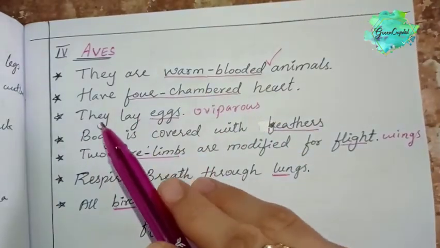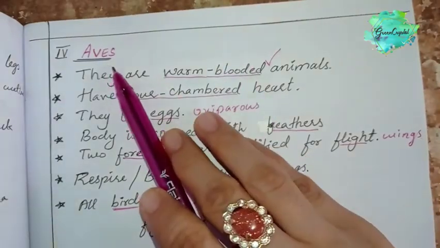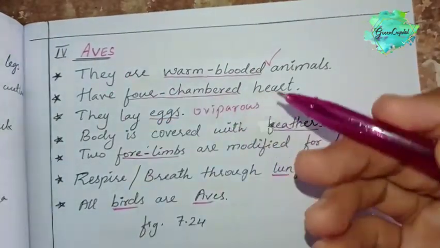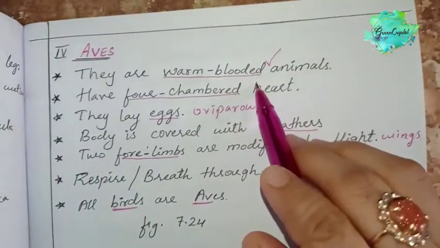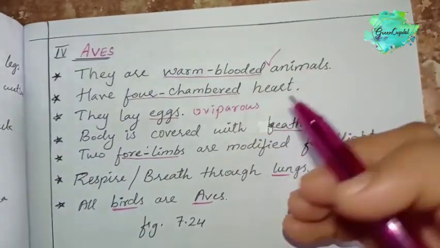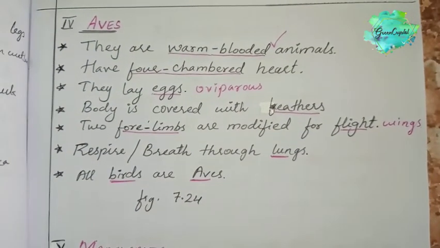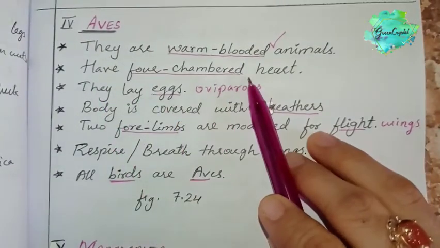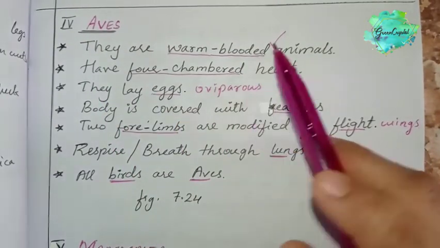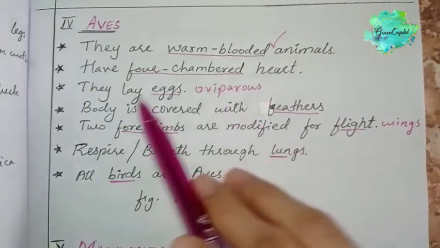Until now the three previous classes had cold blood. Now these birds, Aves, are the birds. Okay, they are warm blooded, meaning they can change their body temperature according to the need of the environment, or according to the need of the weather and the body. They have a four chambered heart. Okay, so they are specialized, they are advanced compared to the other classes.